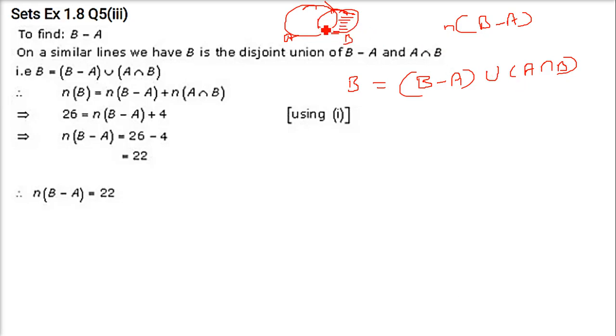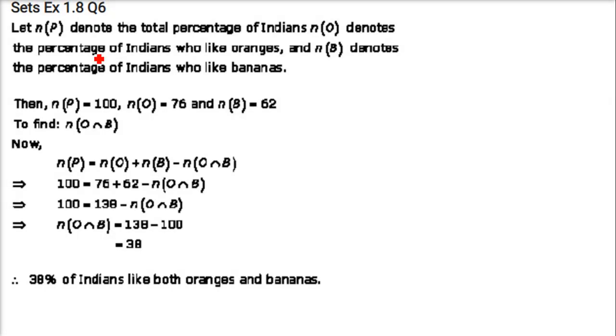This part. And what is A intersection B? This part. They both are disjoint, but if you take the union, it will come to B. So n(B) will be equal to n(B minus A) plus n(A intersection B). This is 26, this is 4, which we already found in the first part. So n(B minus A) will be equal to 26 minus 4, that is going to be 22.